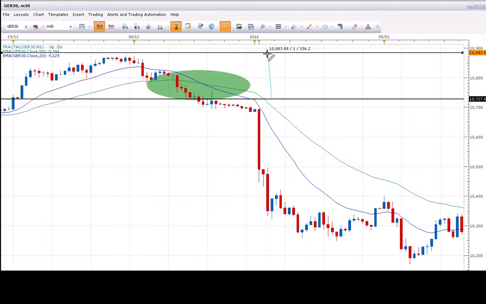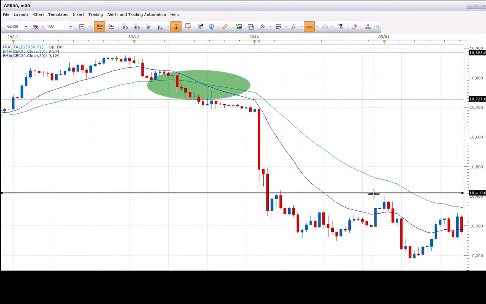You're going to set the limits, set your protective stop so you know how much you're risking, and then you want to go for 300 points in return. 310, let's say. So that's going to be about 10.4, around about there. And in this particular case, it works out quite nicely. Had you got in at that point, you would have made the trade and made you 310 points, no problem. Looks pretty simple, right? Show another example.